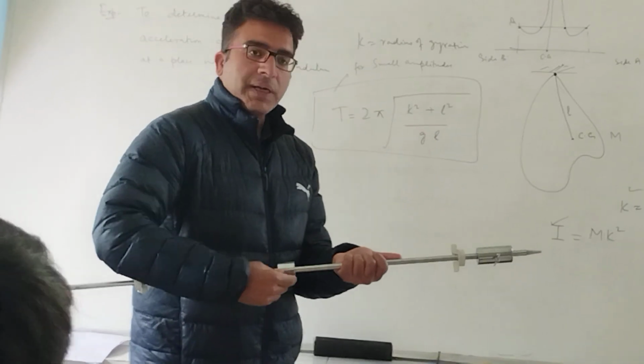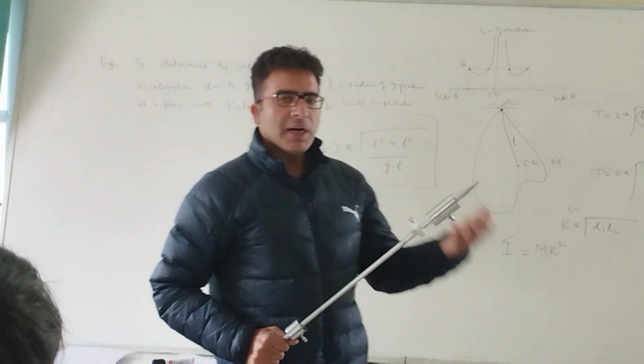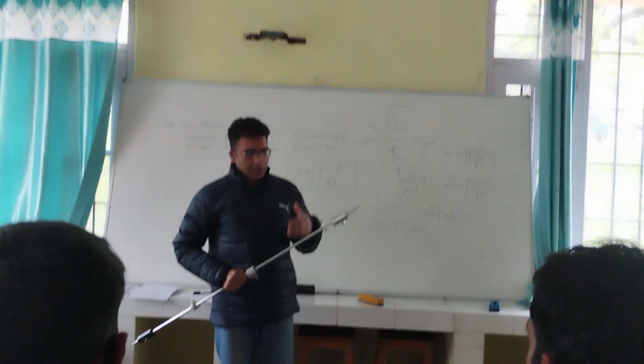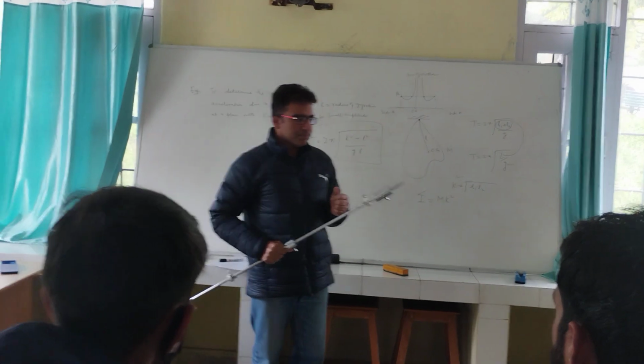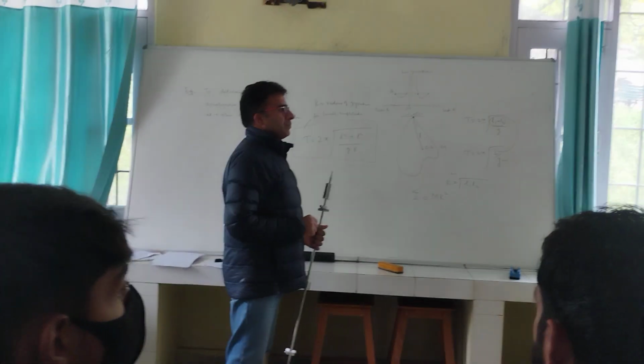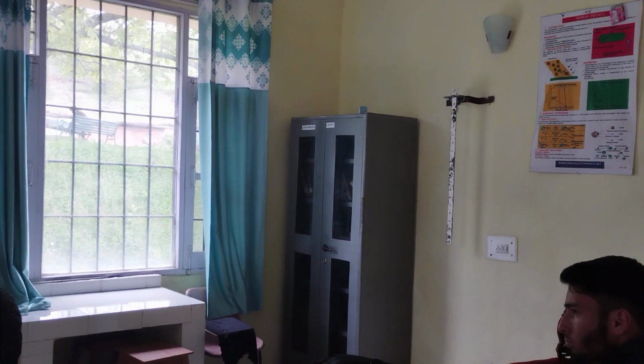This Kater's pendulum is also a compound pendulum. It is named after its inventor, Henry Kater. Now what has he done in this? See, in the bar pendulum which we used, first we have to find the center of gravity.